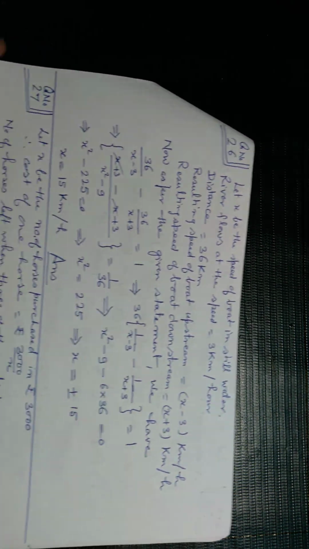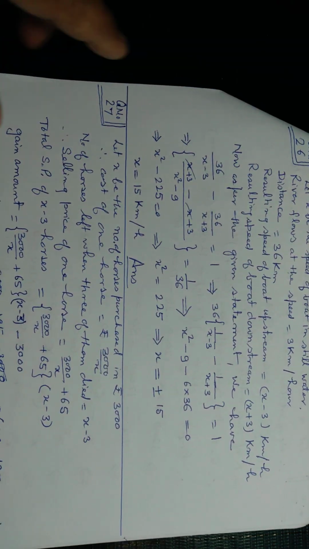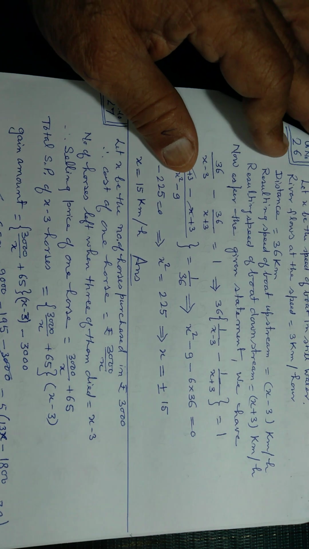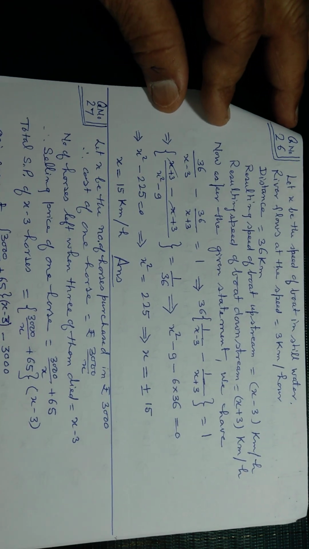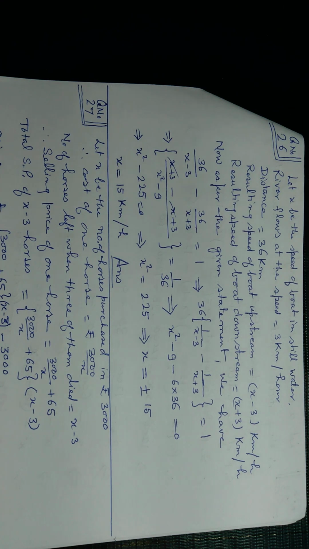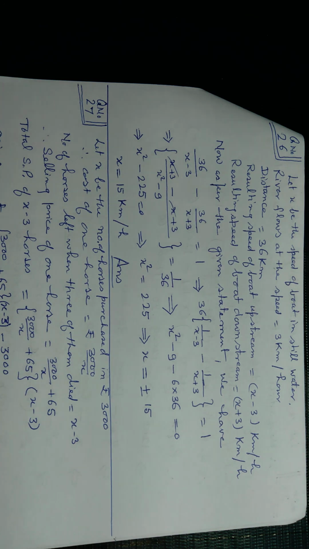Now proceed to question number 26. A boat takes 1 hour longer to go 36 km up a river than to return.